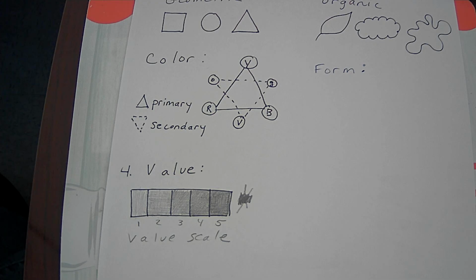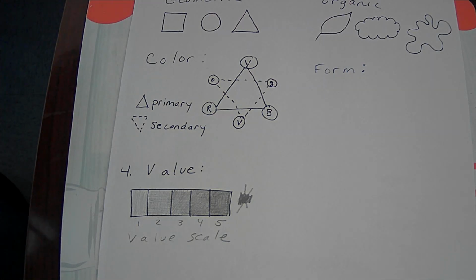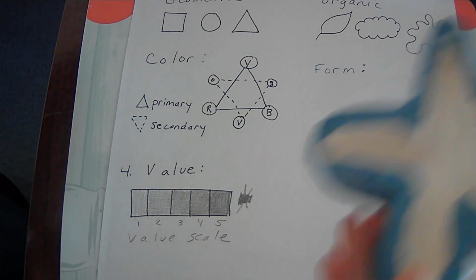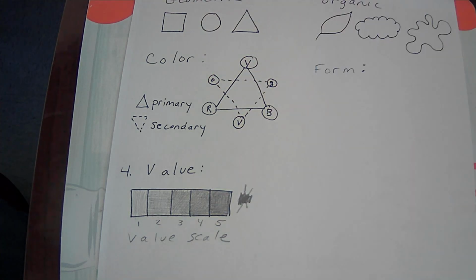So form, typically we think of something that might be a sculpture. So we might actually make something out of clay, model magic, cardboard. Those are realistic, like 3D things. However, so I've got my clay sculpture here. This would be form. However, we can do a drawing of something to make it appear like form.